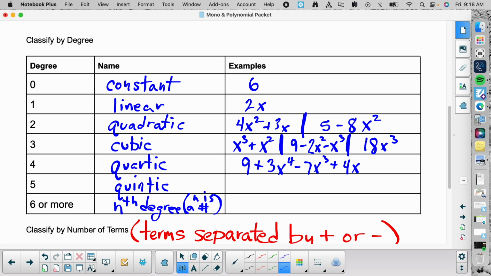Andy, I need another number. 7. Okay, so I wrote a big, huge, long equation there.